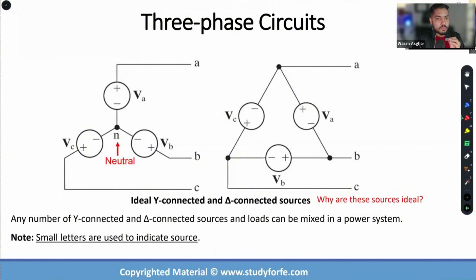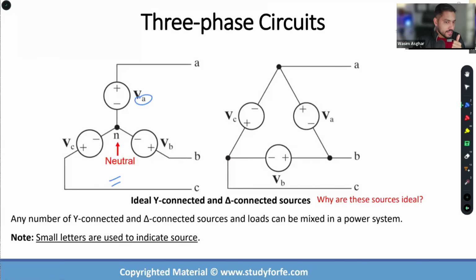So the unspoken rule, as far as notation is concerned, which you're not going to find explicitly given in the FE electrical reference handbook or the PE power reference handbook, and I would even dare to say in most of the textbooks, is that if the subscripts are small letters, it indicates sources.